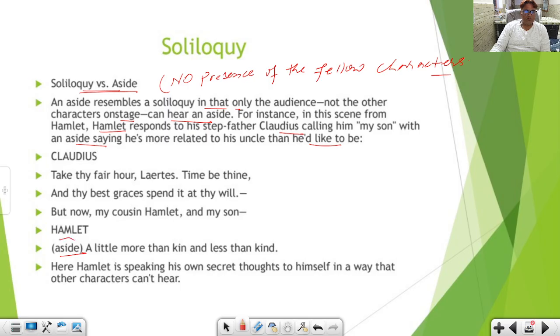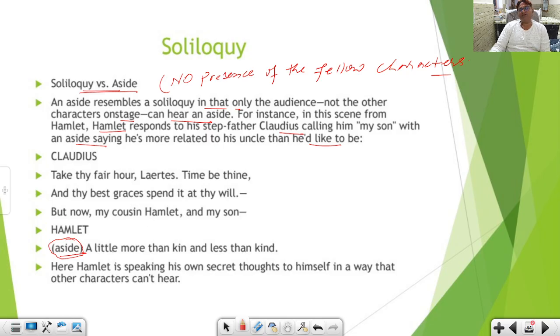Now see, when you go through the text, you find this word in brackets, aside. So when the word aside is written, it means the poet or the writer is using this term aside. And aside means that the speaker or the character is alone and does not have the presence of his fellow characters.